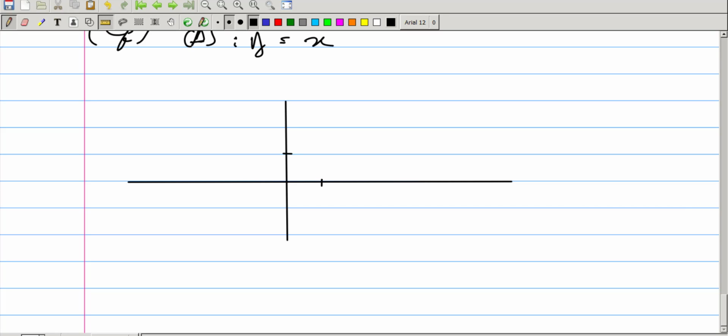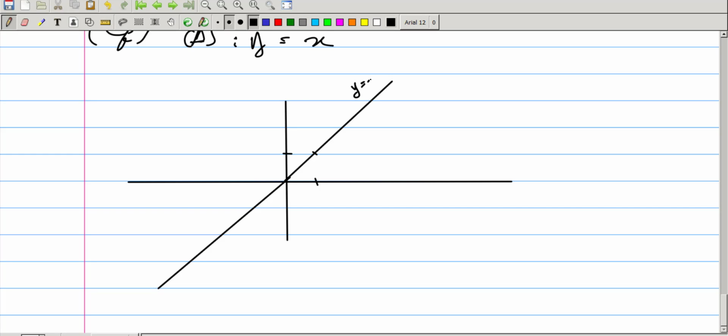1 is here, and it goes here, I think. Yeah, like this. So we take that and we go like this. Same thing for the other side. And then we have this.